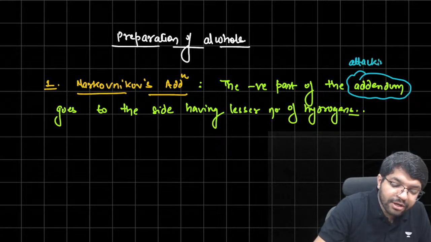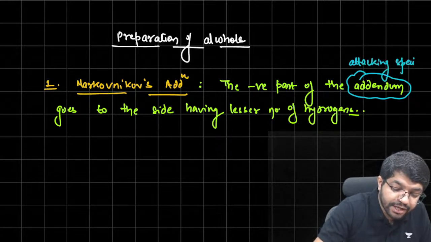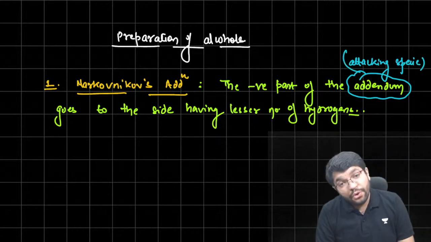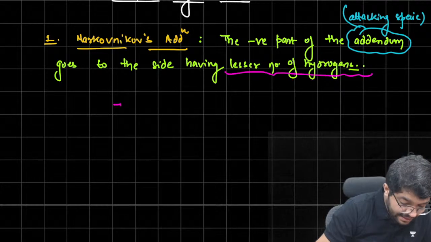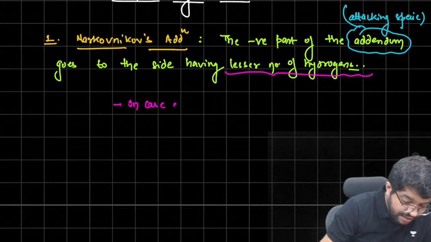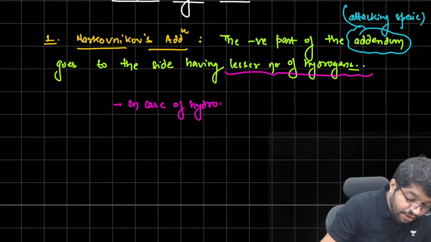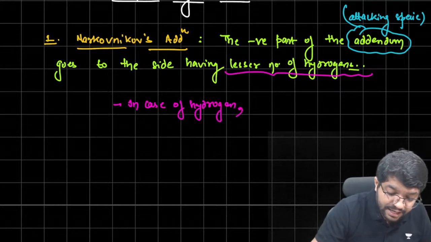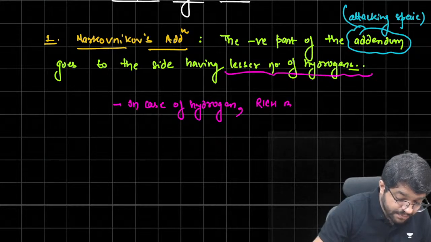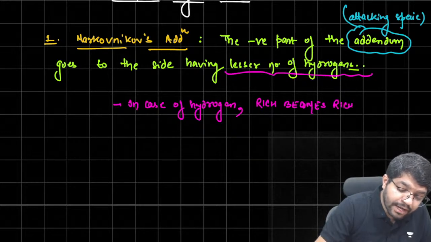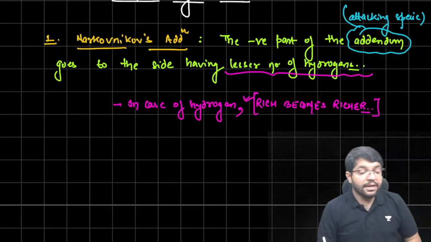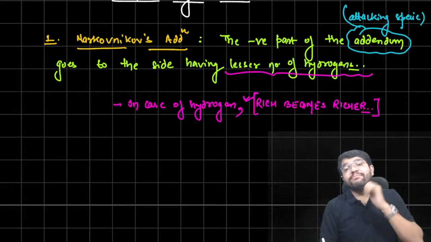Technically, in case of hydrogen, we can say rich becomes richer. Rich becomes richer is the summary of Markovnikov.